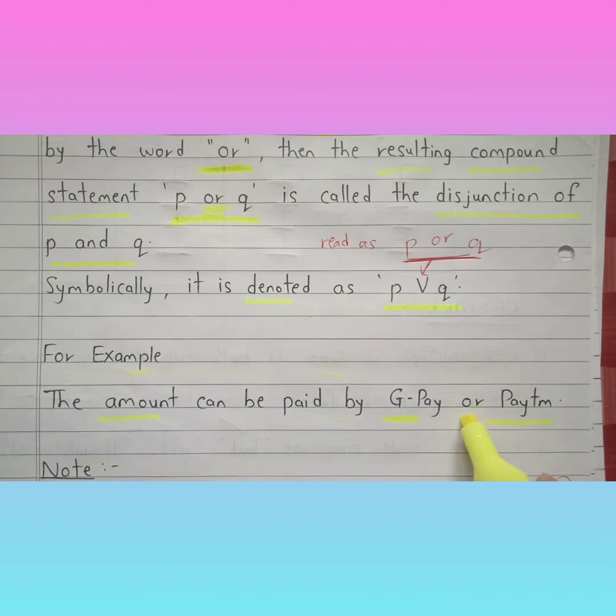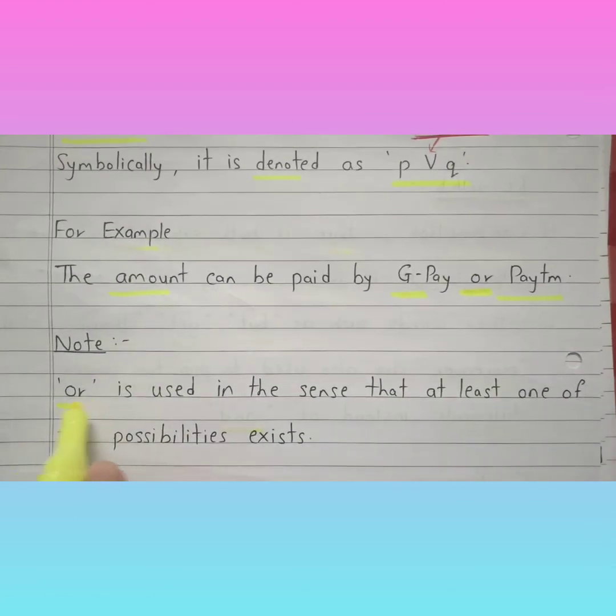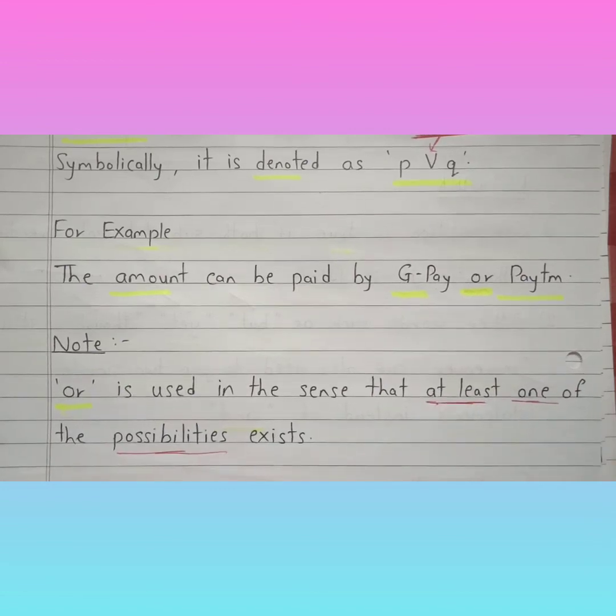So I have written one such sentence for you: the amount can be paid by GPay or Paytm. Now what does this mean? See, or is used in the sense that at least one of the possibilities exists.